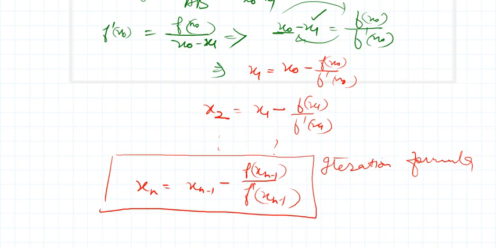So somewhere you may get this formula: xn plus 1 is equal to xn minus f of xn over f prime of xn. This can also be the formula, it is up to you. If you agree with it, then you can use this, right. So this is the formula that comes out.